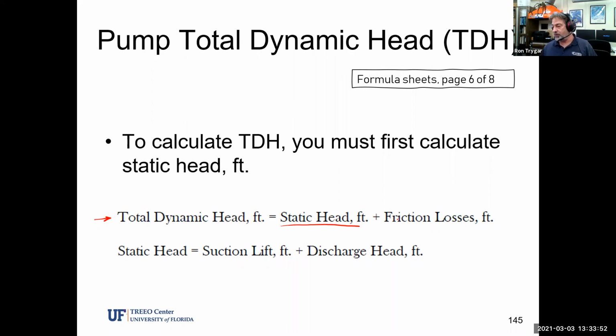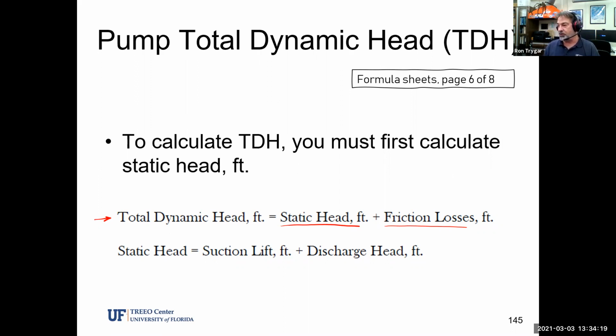And then to do the rest of the total dynamic head, we would calculate in friction loss. And we're given that through the engineers with the knowledge of, say, the valves and the elbows and the roughness of the pipe and all that fun stuff. So the formula for total dynamic head actually incorporates the static head along with it. And the formulas are shown on the formula sheet. That's page 6 of the formula sheet.